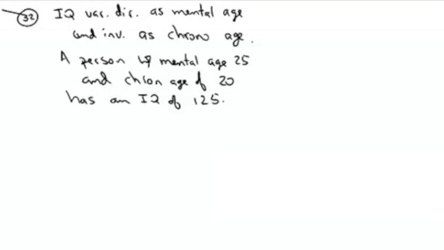What is the chronological age of a person with a mental age of 40 and an IQ of 80? That would be the question.